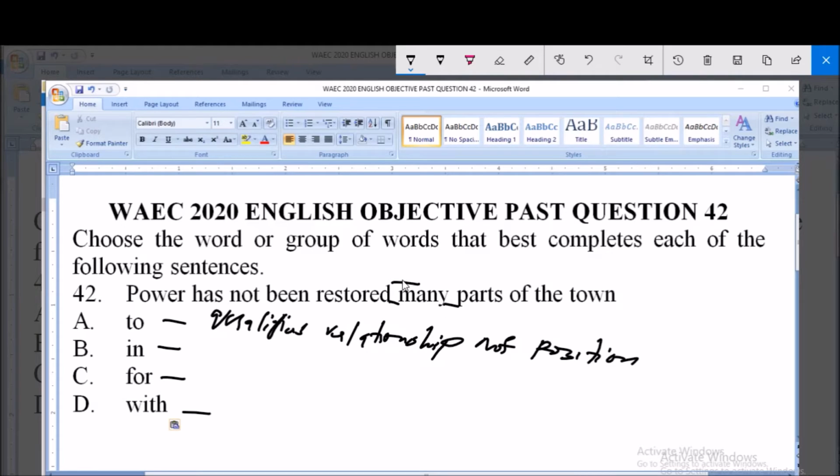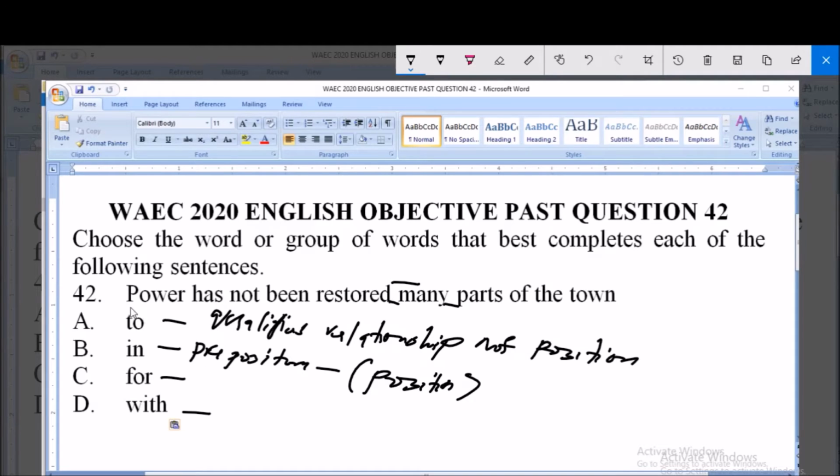But here we're talking of position. Power has not been restored in many parts of the town. So "in" here, as a preposition, tells us about position.